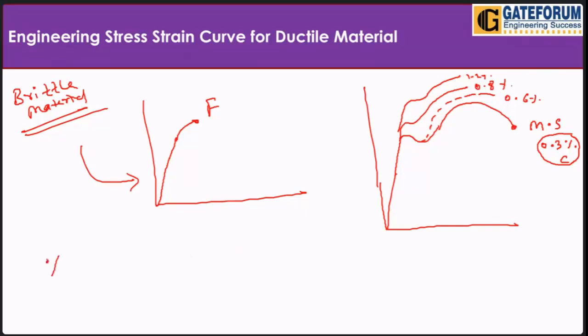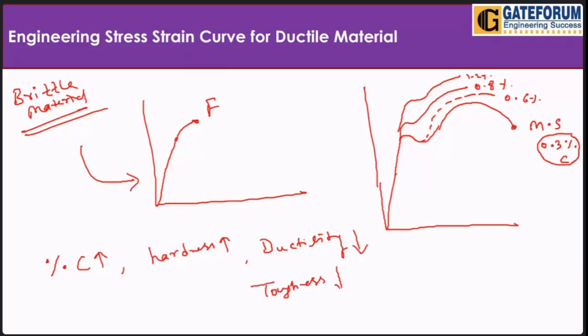If the percentage of carbon increases, hardness increases and ductility decreases. There are many theoretical questions of 1 mark on this. Ductility decreases means toughness decreases.